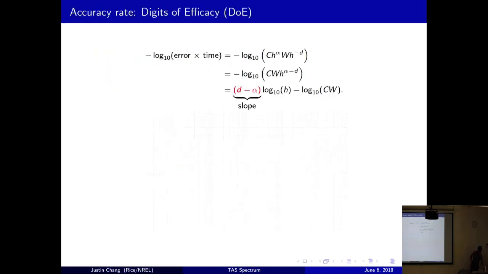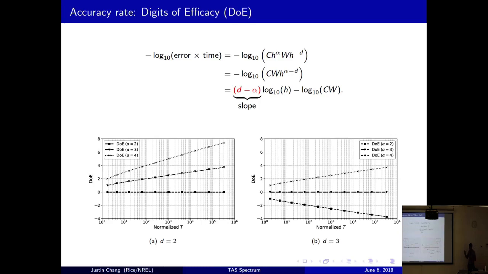But now let me talk about digits of efficacy. When you take the product of error and time, you can figure out how alpha and d will affect your slopes. Based on this derivation, we can see what we would expect for a 2D problem, on the left, versus a 3D problem on the right. Let's assume we're looking at 3 different algorithms with order of convergence rates of 2, 3, and 4.